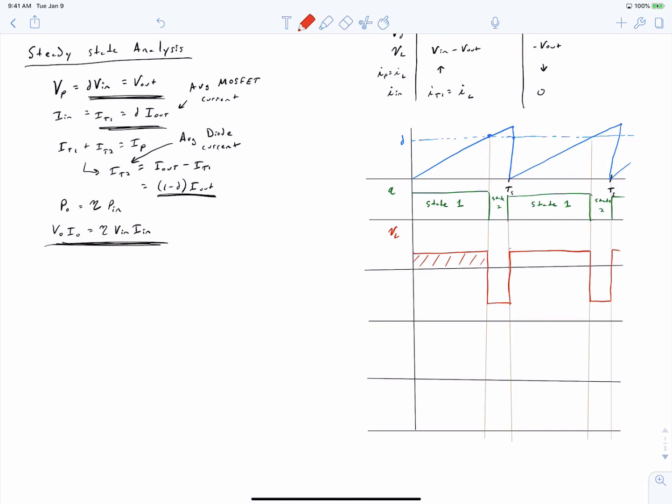So I'll call this first area area A, and the second area area B. And according to our previous discussion, area A must equal area B in order for the inductor to have an average steady-state value. If one of these areas was bigger than the other, the inductor current would trend upwards or downwards.